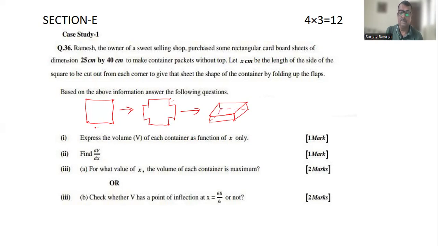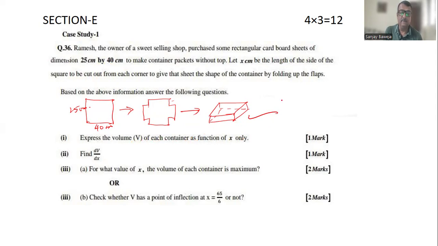So a rectangular sheet is given of size 25 by 40 centimeter. Let this be 40 centimeter and this 25 centimeter. From each corner, a square of side x is cut off. We get a figure like this, and then we fold the flaps to get a box like this. Now it says express the volume of each container.